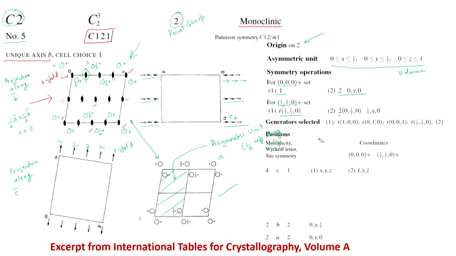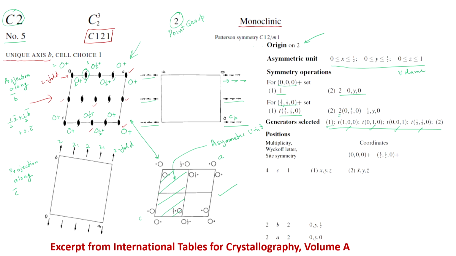Then this is something again we had seen in the plane groups, the generators selected. You don't select all the symmetry operations. All the translation symmetries, this is along A, this is along B, this is along C, and this is the centering translation.